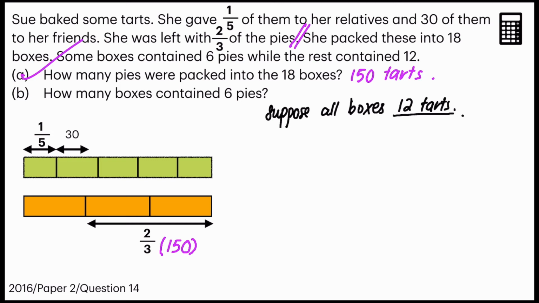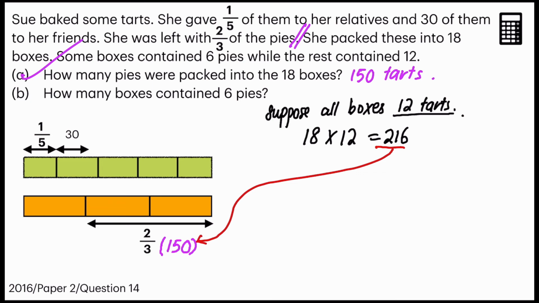Okay, so if I have all 12 tarts, let's see, it will be 18 times 12, which gives me 216. Then let's check. Oh no, 216, I should have only 150. So the remaining would have gone into the other ones, which is 6 pies.